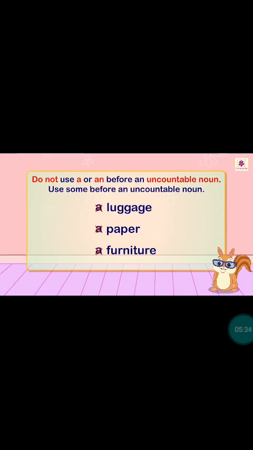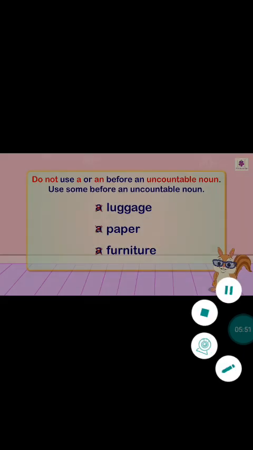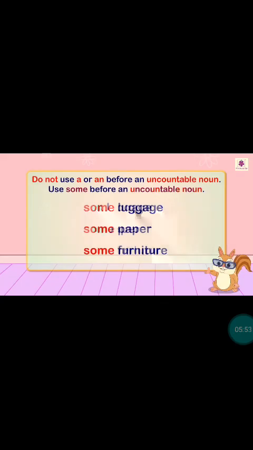As we have seen in the example before, for water, the mug has some water. The glass is having little water, right? So like that, we are not using a or an, we are using some. So if you see here, we use some before an uncountable noun.